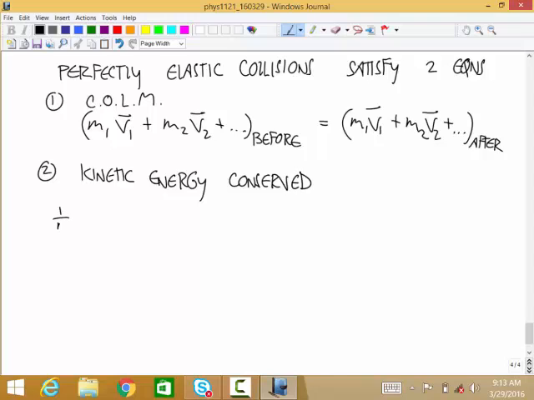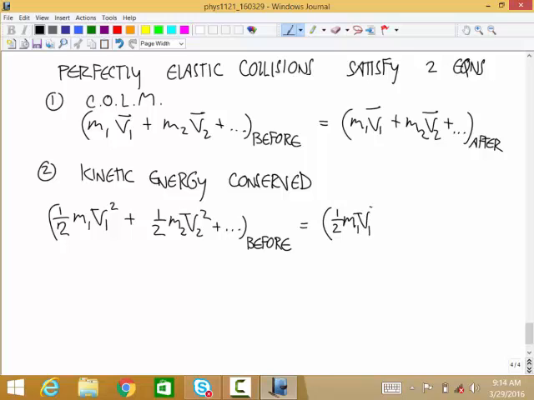So 1/2 m1 v1 squared plus 1/2 m2 v2 squared, and as many objects as you have before the collision, is equal to 1/2 m1 v1 squared plus 1/2 m2 v2 squared, as many as you have after the collision. And now that you have these, you just have to solve this as a system of equations to get the velocities that work.